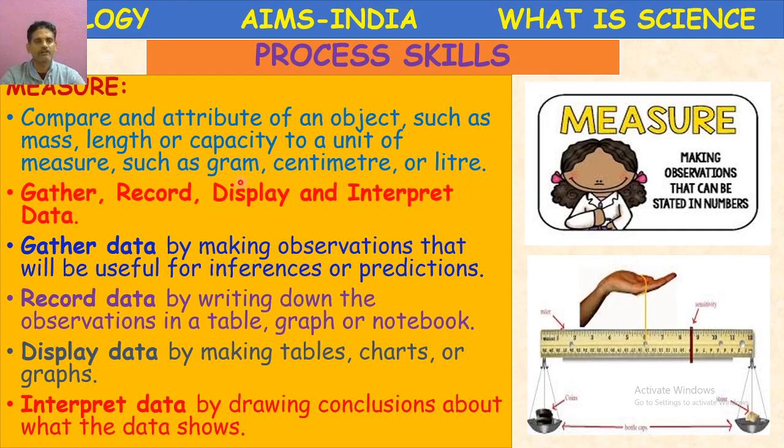In small quantities you are measuring the weight, micrograms. Okay, like that, depending upon the requirement, possibility, you have to select the right unit of measurement. Okay, so measure is a process skill involved in the scientific method of studying.